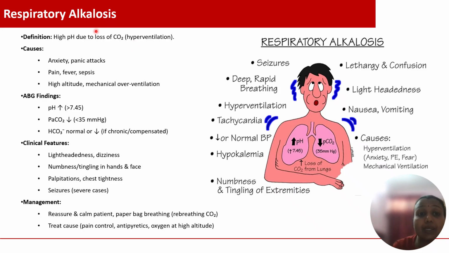So that's why alkalosis. The pH will be more than 7.5, and carbon dioxide will be low. As I said, with the loss of carbon dioxide from hyperventilation, carbon dioxide will be decreasing in this condition. So pH increasing, that's why alkalosis, and carbon dioxide decreasing, that's why respiratory alkalosis.